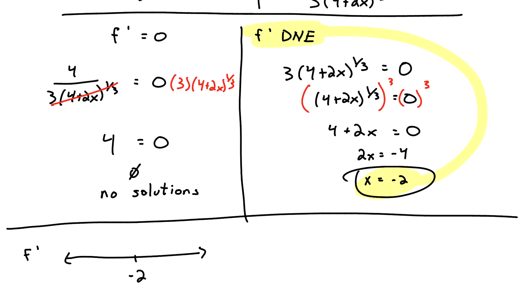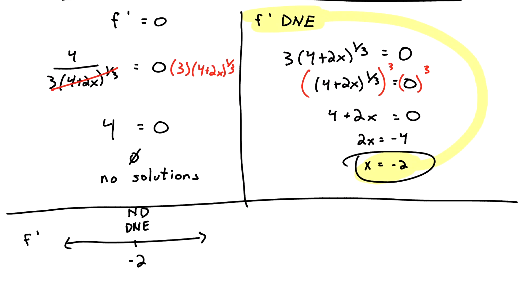So I'm going to put a little DNE right above that for does not exist. Sometimes our textbook will use ND for no derivative. That's fine too, but I think DNE is just a little bit more intuitive. So something weird's going to be happening there, and we'll talk about that once we get to the sketch of this function. But for right now, we're going to continue on just like we normally have.